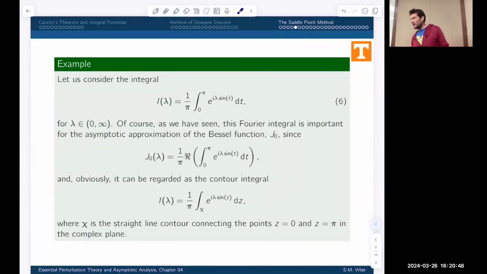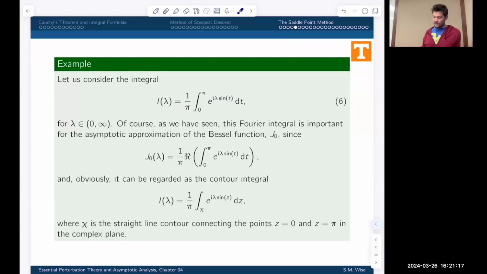All right, so the reason why I chose to show that plot is because that's related to this integral that we want to approximate for large values of lambda. So let's consider this integral. I of lambda equals 1 over pi, integrating 0 to pi, e to the i lambda sine t dt.